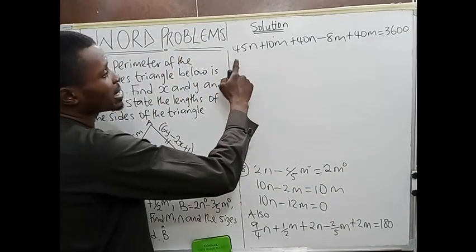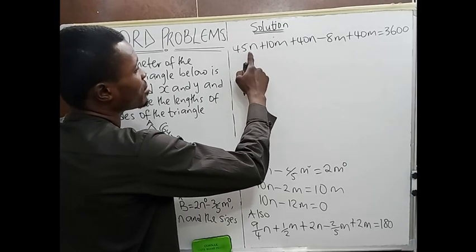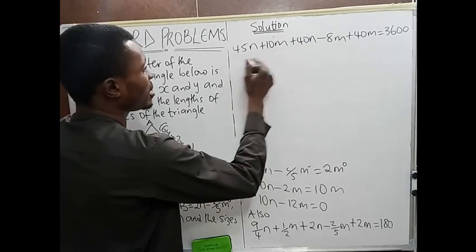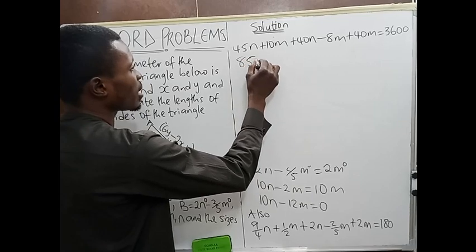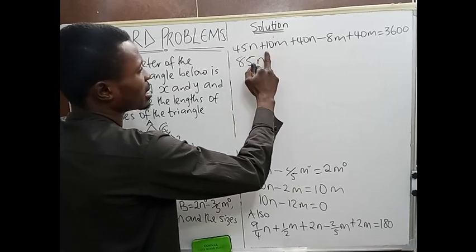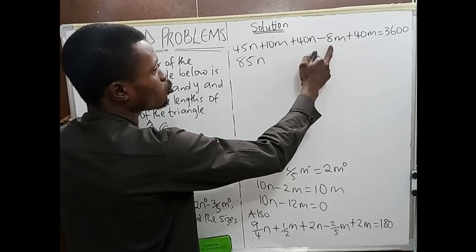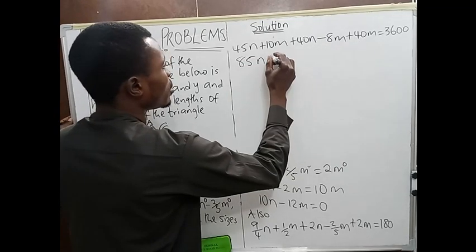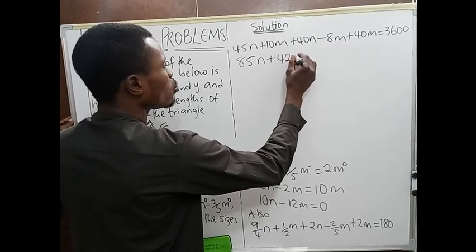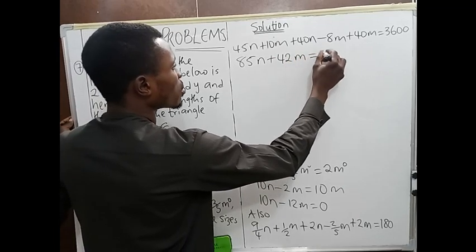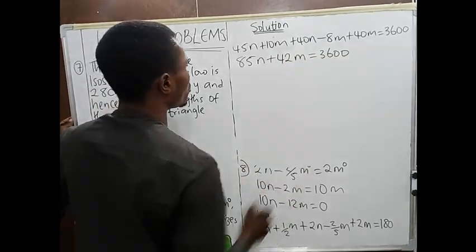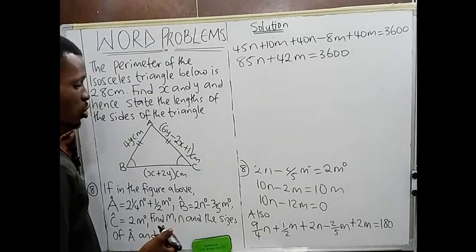Next, we add the like terms together. 45n plus 40n is what? 85n. All right. Then in terms of m, 10m minus 8m is 2m plus 40m is plus 42m equals what? 3,600. Okay, that is the second equation.